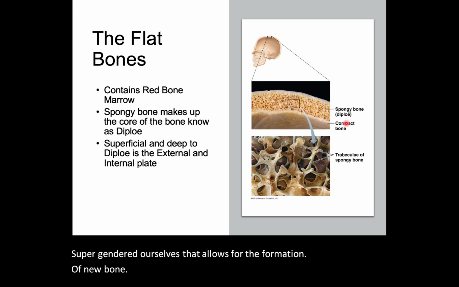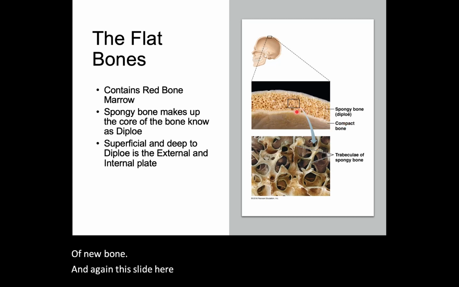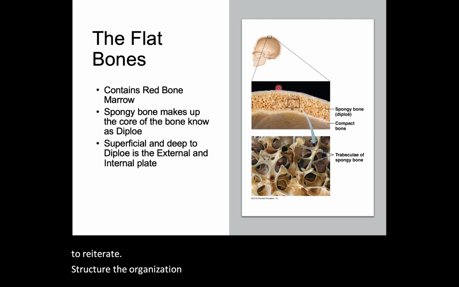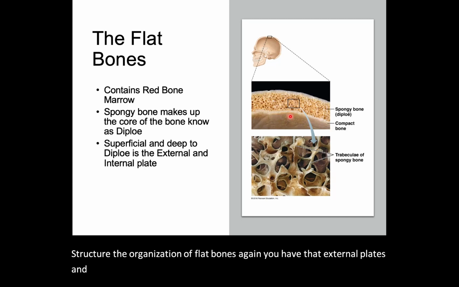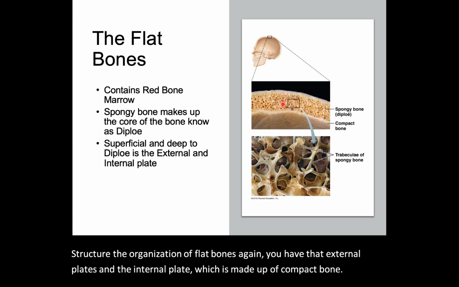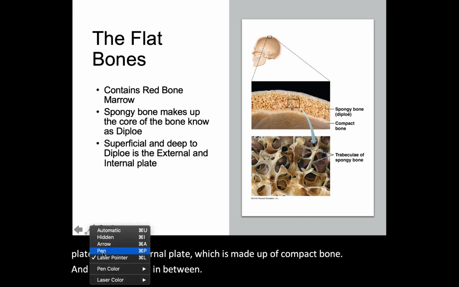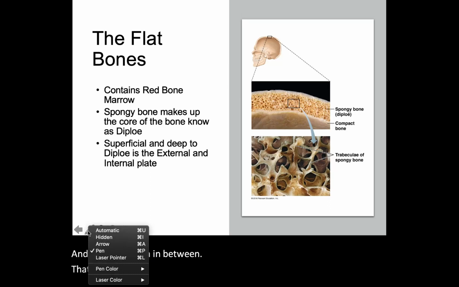And again, this slide here is one that we've already looked at, but I do want to reiterate the structure, the organization of flat bones. Again, you have that external plate and the internal plate, which is made up of compact bone, and then that area in between.